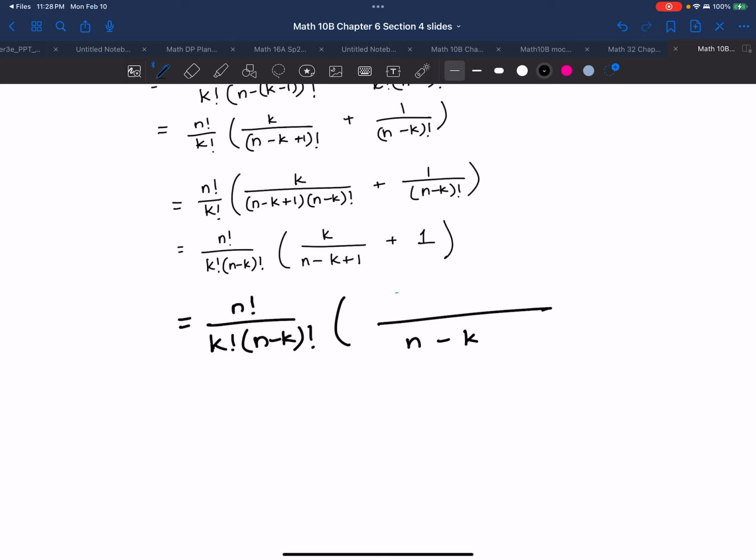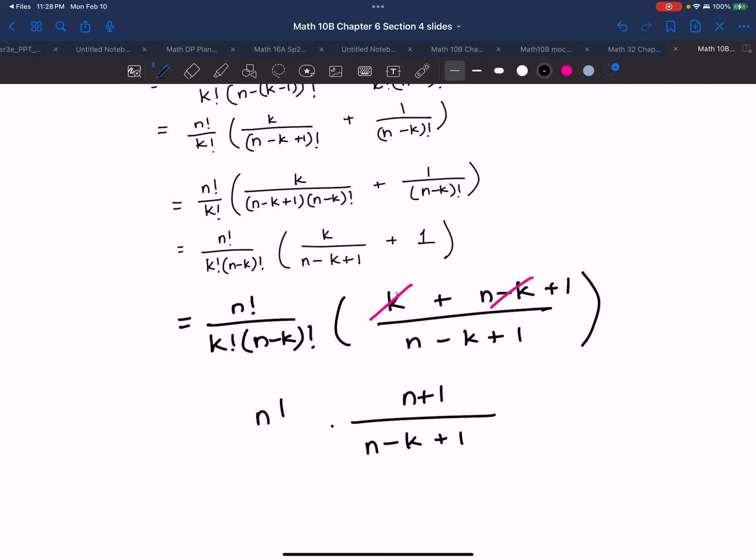I've got k plus n minus k plus 1, over n minus k plus 1. The k and the minus k cancel out, and I will now have n plus 1 in the numerator, n minus k plus 1 in the denominator, n factorial in the numerator here, k factorial, n minus k quantity factorial here.